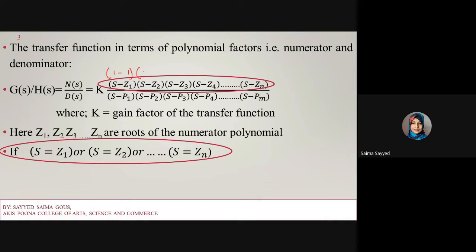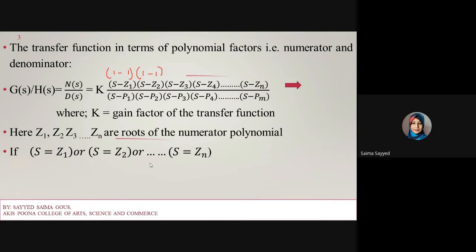So if the value of s is equal to z1, or z2, or zn, then the whole term will become 0.